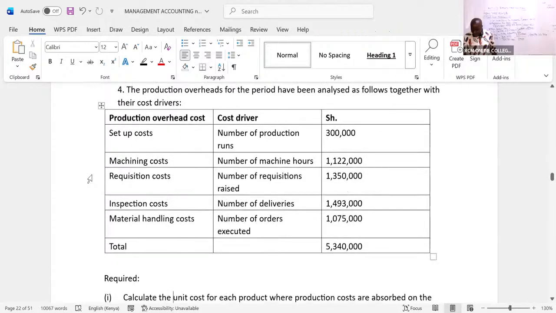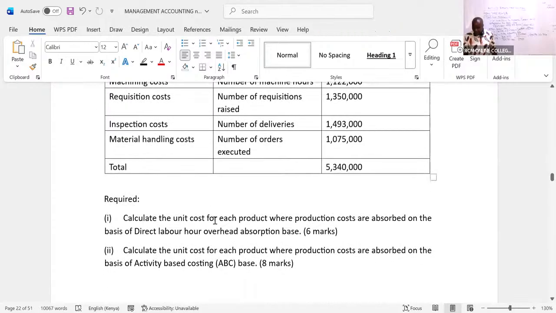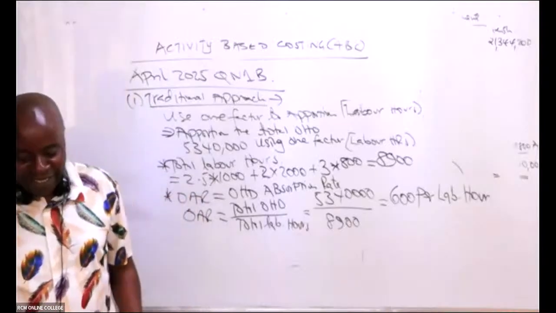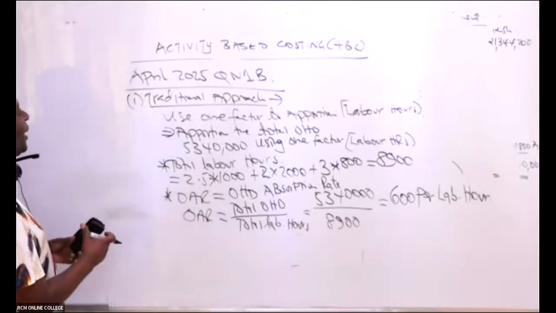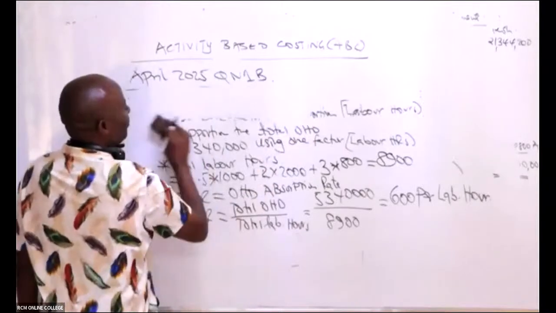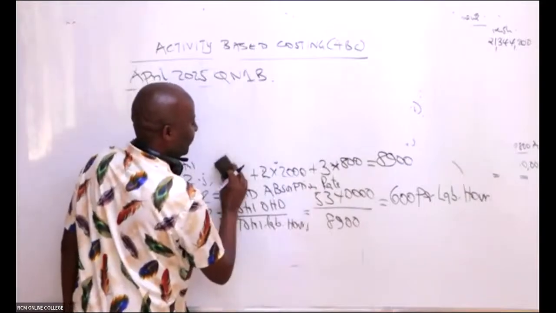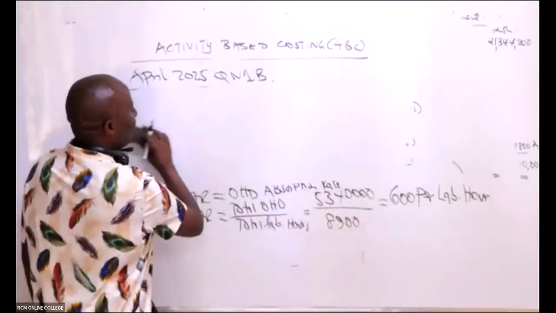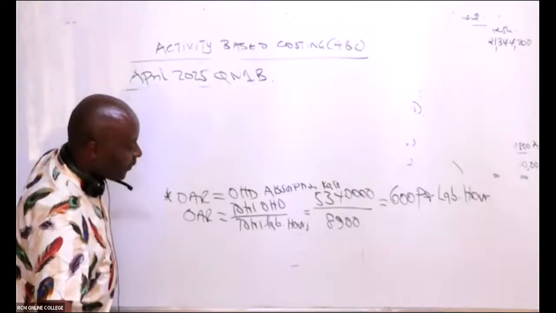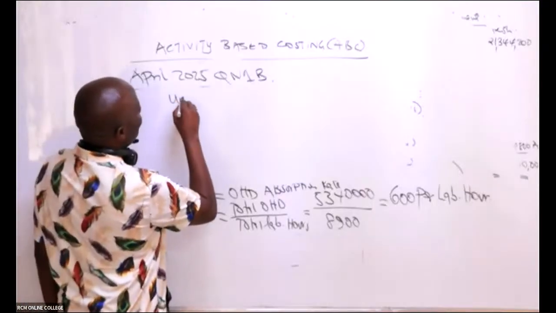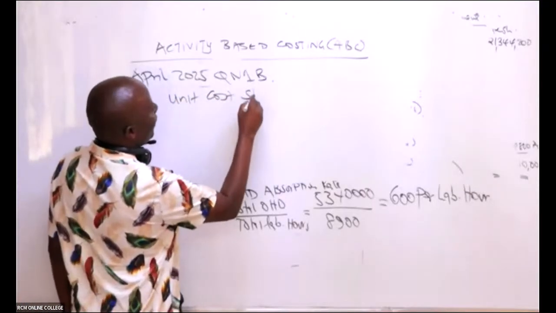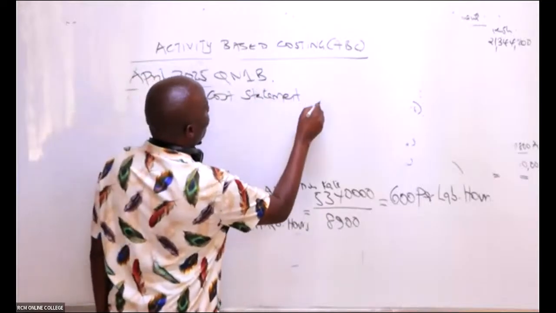The question here, you can see: calculate the unit cost for each product where production costs are absorbed on the base of direct labor hour. So they want us to give unit costs. I love this. They want us to give them a unit cost statement.